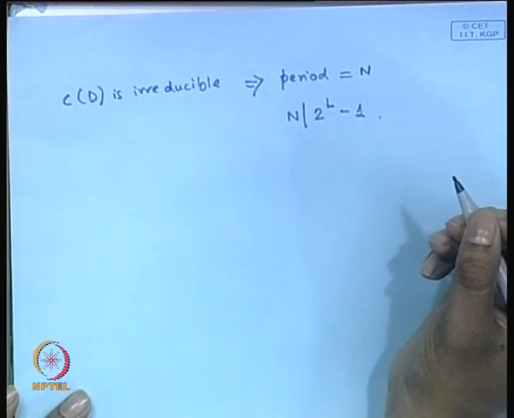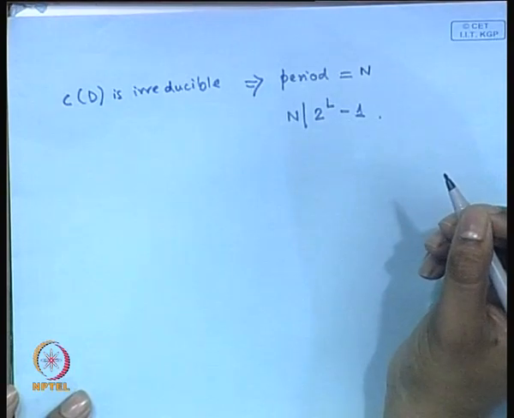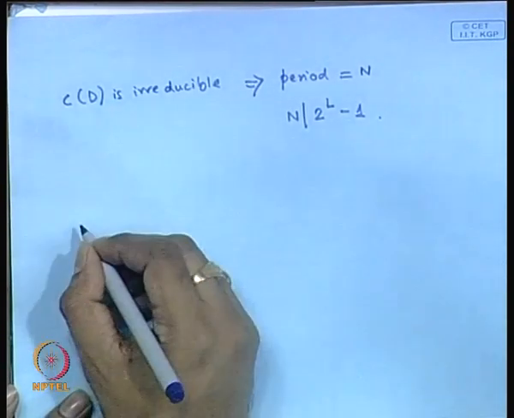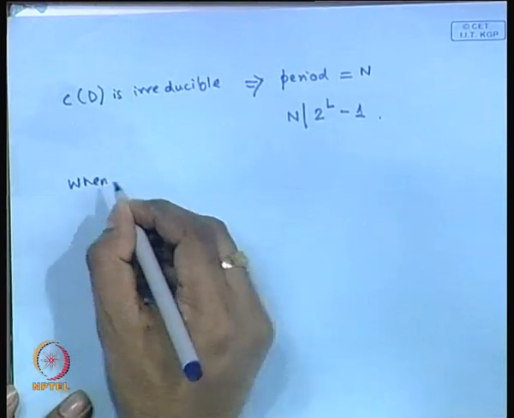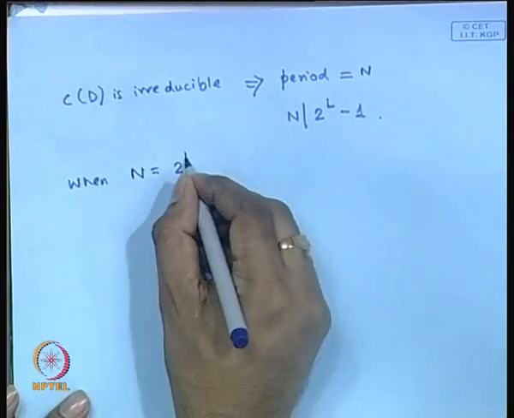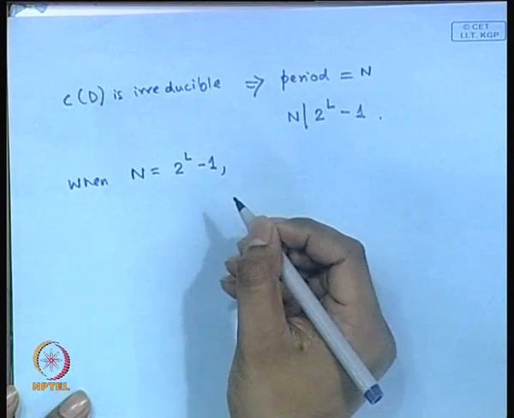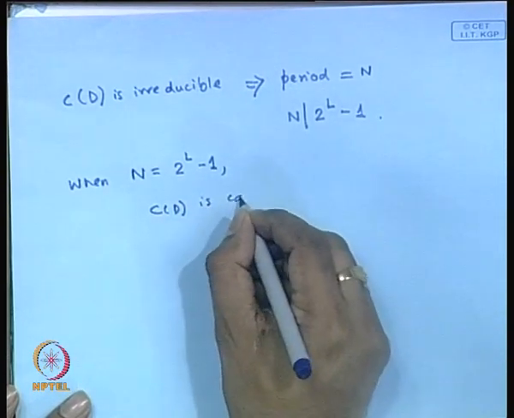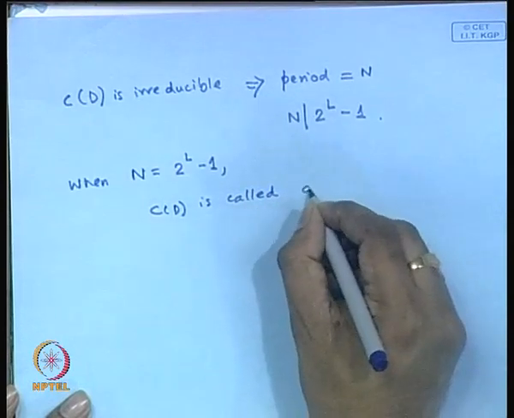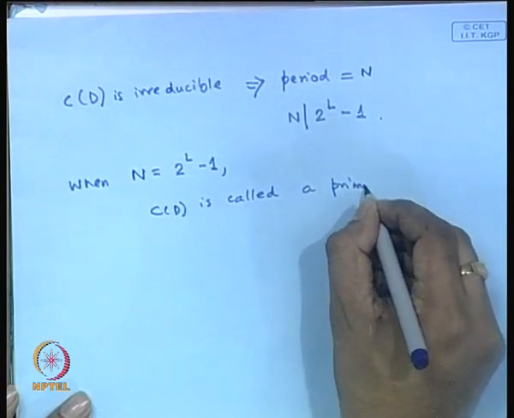And in certain cases it will actually be equal to 2 to the power of L minus 1. In those cases when N is equal to 2 to the power of L minus 1, C(D) is called a primitive polynomial.